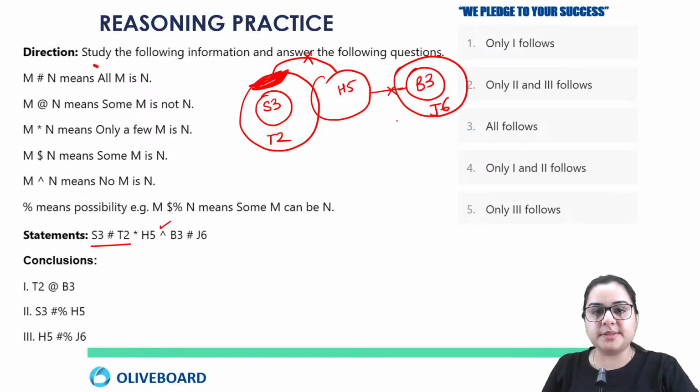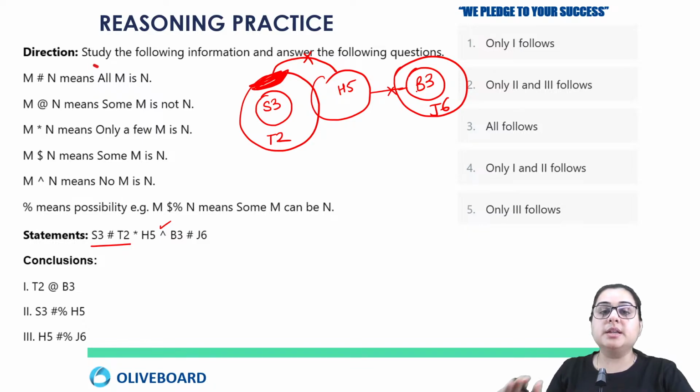Okay, so answer me this now. Now, when you have only a few, that means some and some not, both are possible. Means both are definitely true. Okay.